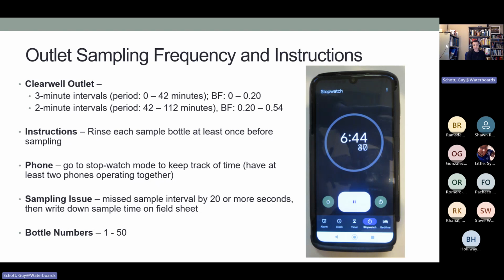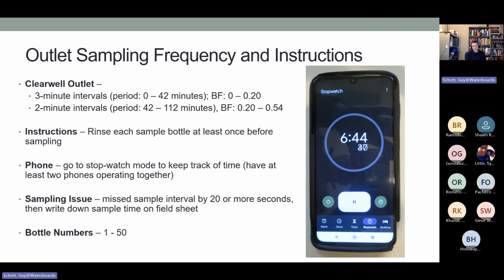The last time I was doing a study, I accidentally hit the button and stopped the timer on my phone, so I had to use somebody else's phone. So it's good to have a couple of phones in case something happens with the timer on one of them.